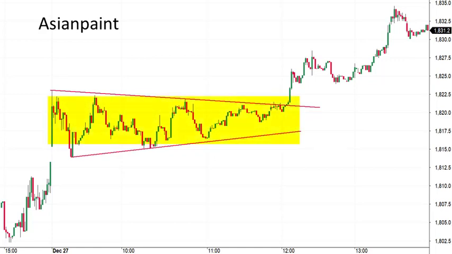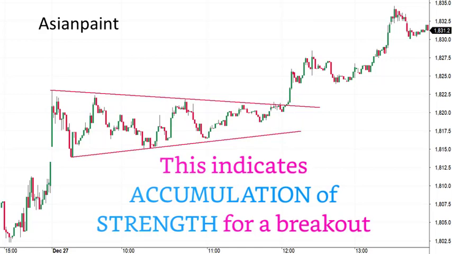It didn't trend anywhere. Rather, it just traded in a range the whole time. So, what this tells us is that right from the morning, the stock was just accumulating strength for a breakout. And as you can see, when the price finally broke out of this range, there was a strong momentum to the upside.